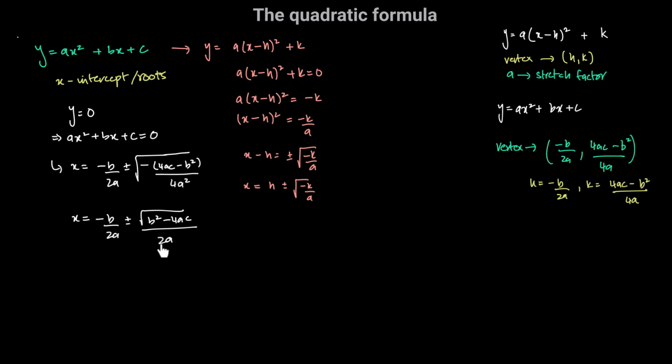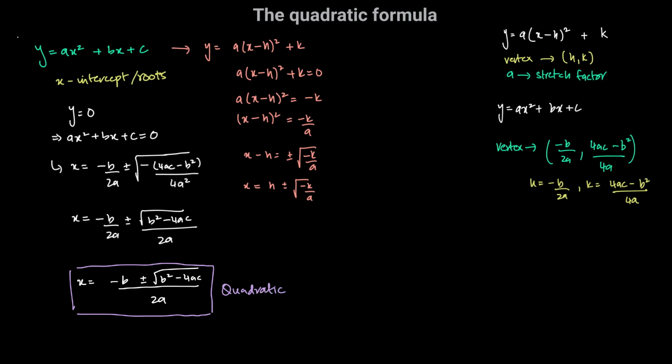And the square root of 4a squared is simply 2a. And over here, since we have a common denominator 2a, we can take a common denominator here. So we can say that x is equal to negative b plus or minus the square root of b squared minus 4ac divided by 2a. And this over here is the quadratic formula. This is known as the quadratic formula.